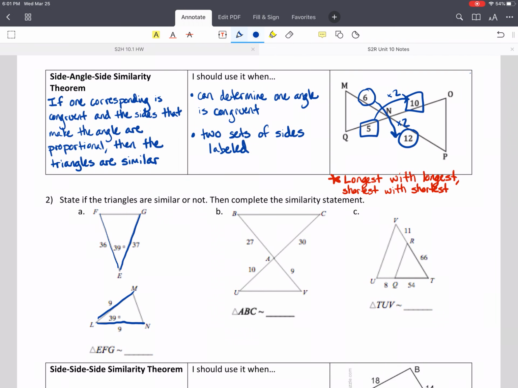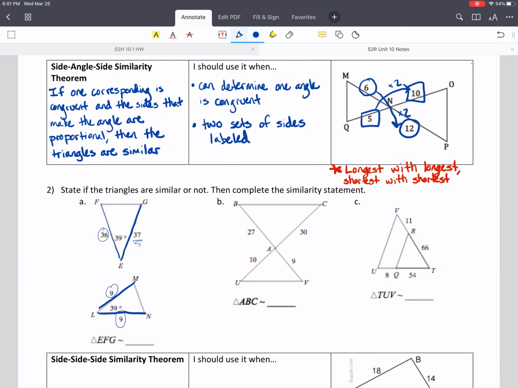All right, so because I have a 9 and 9 here, and I have a 36 and a 37, well, those sides would have to be the same if they're multiplied by the scale factor, so I already know that these are not similar. So I can, let's see, E, F, G, I don't know, L, M, N. Doesn't matter which order if they're not similar.